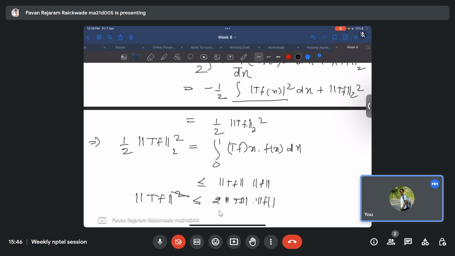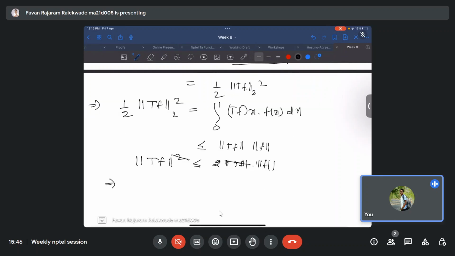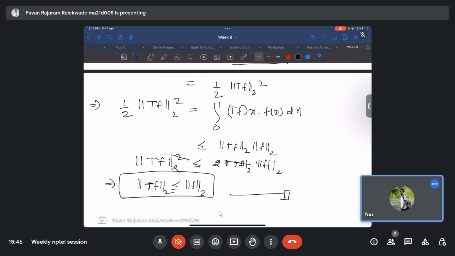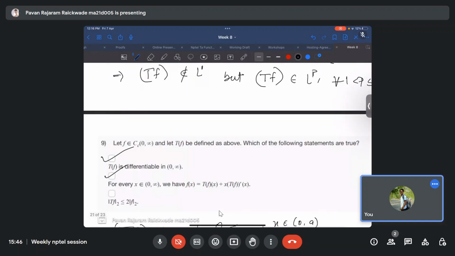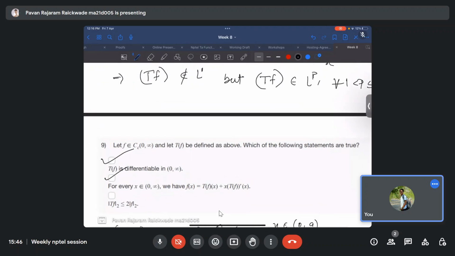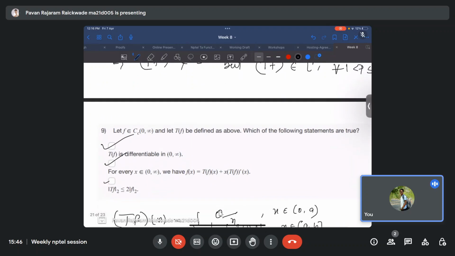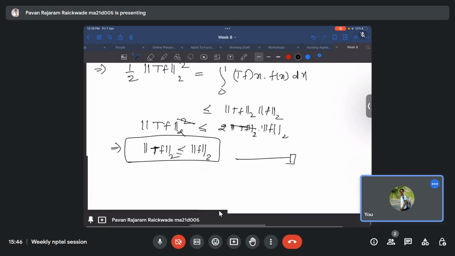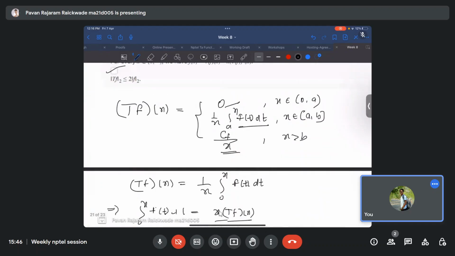But this squared gets cancelled with here. So we have norm of Tf is less than or equal to 2 times norm of f, just some rough calculations. Everywhere it's the 2-norm. That's it. So the ninth, option C, is also correct.